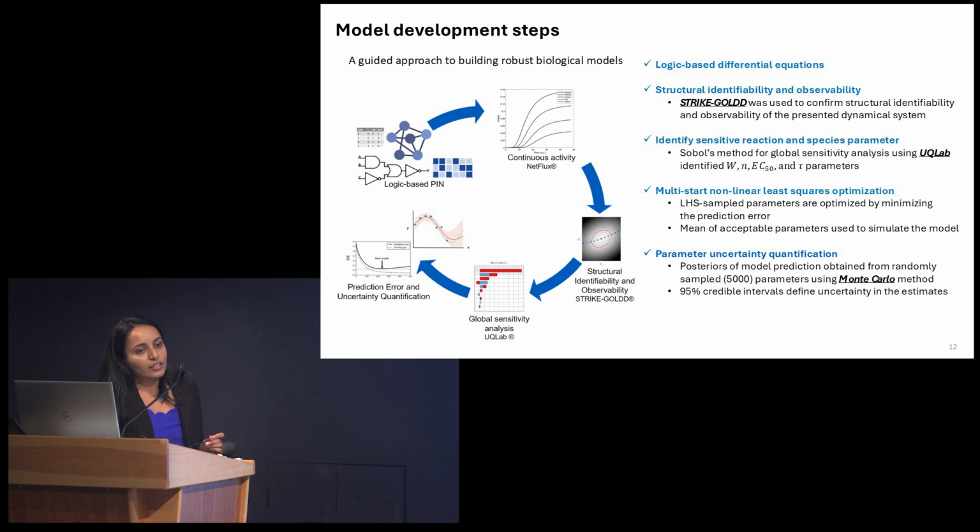We then computed what parameters in the model were most sensitive through a global sensitivity analysis that gave us a smaller parameter subspace to be optimized and fit to the observed data. And then we optimized those sensitive parameters using a nonlinear least squares optimization technique, and also quantified uncertainty in these estimated parameters, as well as the prediction observed from these fitted parameters, which was computed as a 95% credible interval.